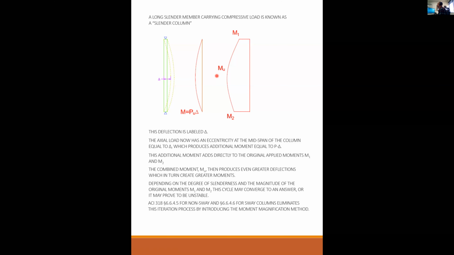The code gives us a closed-form solution process instead of an open iterative process. The moment magnifier method uses a factor delta to amplify the M2 moment to a final design moment M sub u.